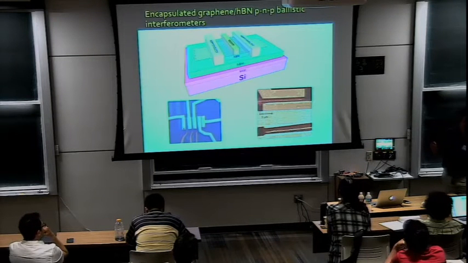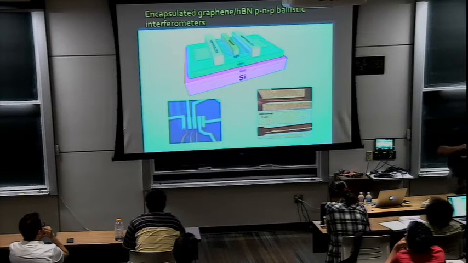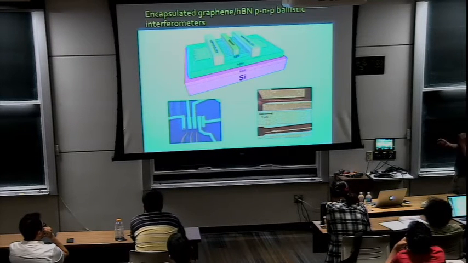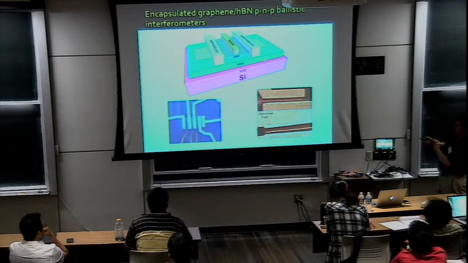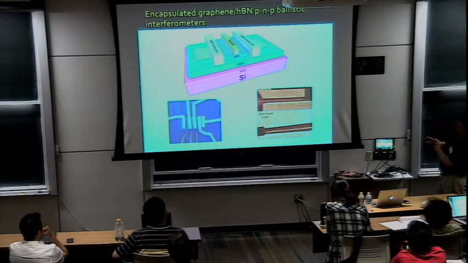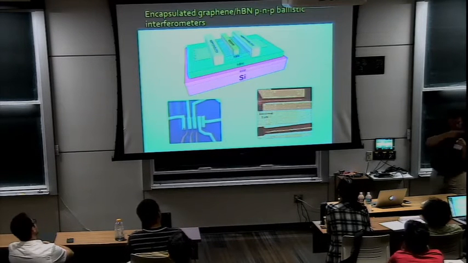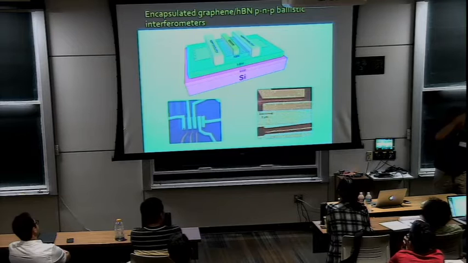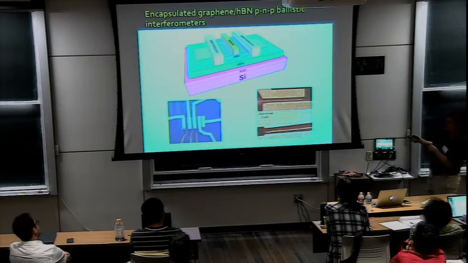Nowadays we can prepare these samples encapsulated in hexagonal boron nitride, which are much cleaner. So we can make this type of interferometer. We call these PMP ballistic interferometers, where you have a graphene piece connected to two superconductors, with hexagonal boron nitride on top and also at the bottom, and you can put a top gate, which modulates the voltage locally, so that you can make one of those Klein tunneling experiments and make a Fabry-Perot interferometer within this region.